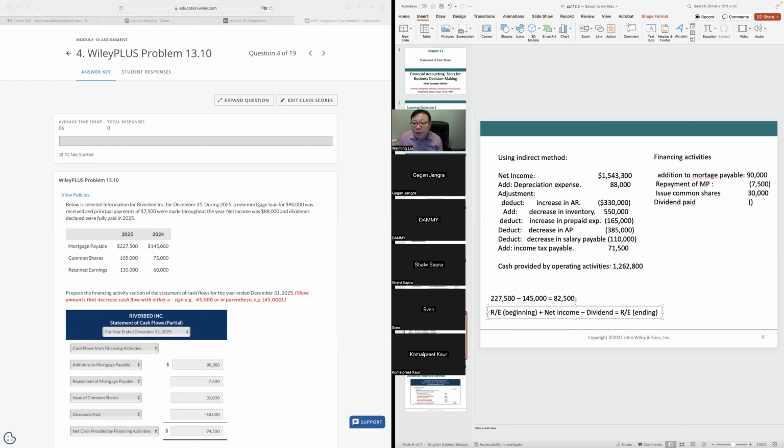You have a beginning retained earnings balance, and then the net income will increase your retained earnings, and the dividend will reduce your retained earnings. So you have an ending balance. Is that correct? Yes or no?